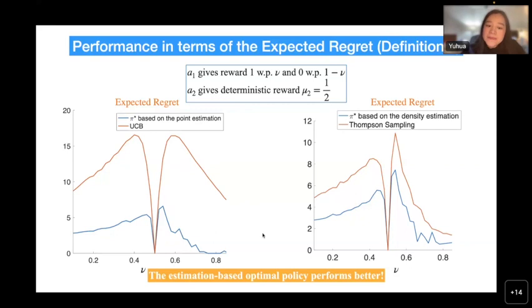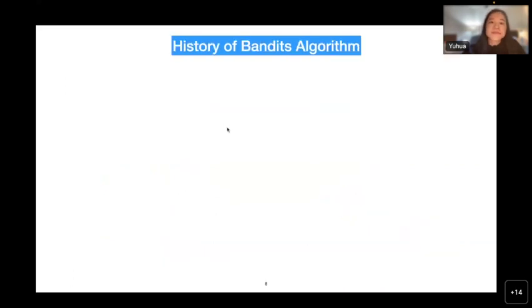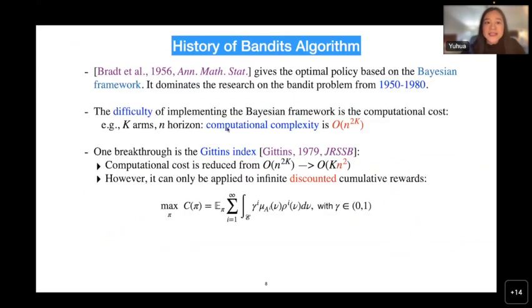So an estimation-based optimal policy can perform better than UCB and Thompson sampling, even in terms of expected regret. After an extensive literature review, we find that this definition was actually already proposed in 1956, when the multi-armed bandit framework was proposed.